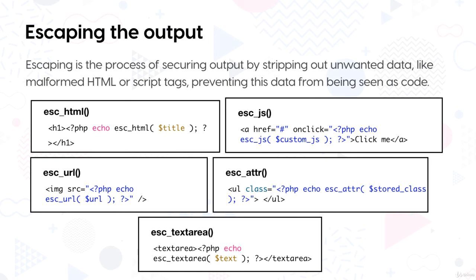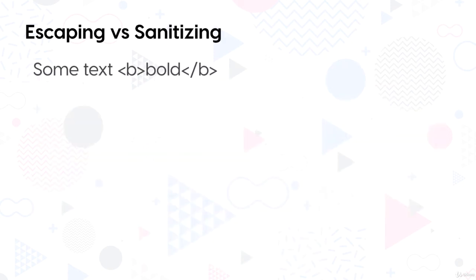In some cases, you can also use sanitization functions instead of escaping functions when you are rendering something in your theme. So let's take a quick look at the difference between sanitization and escaping. So suppose we have this text in our database, and now we want to output it in our theme. Escaping will render the HTML tags as text instead of rendering it as code, right?